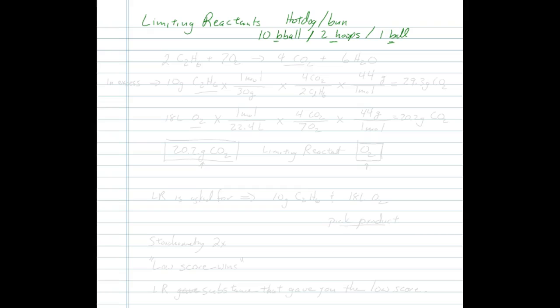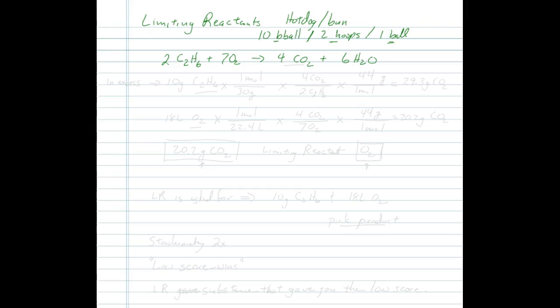So, example of the chemistry part: you have our good old friend 2C2H6 plus 7O2 yields 4CO2 plus 6H2O.